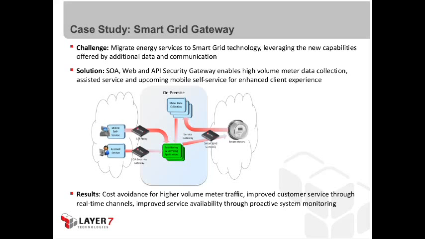So this is a great evolution step where you can see, they started with just an integration use case inside the enterprise with their smart meters, but have continued to extend that and are now extending that out into the mobile world. So, big time cost avoidance for having to deal with the volume of traffic they've got from the meters, better customer service, and improved availability, because they're able to provide that proactive system monitoring.